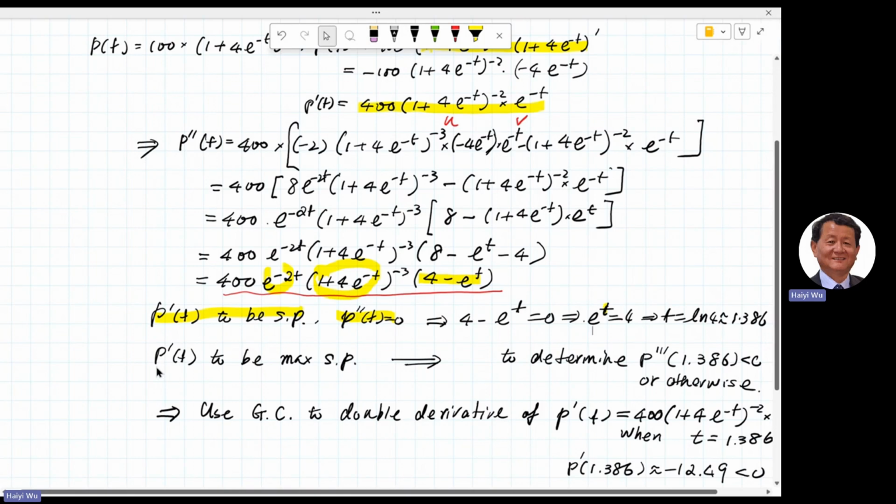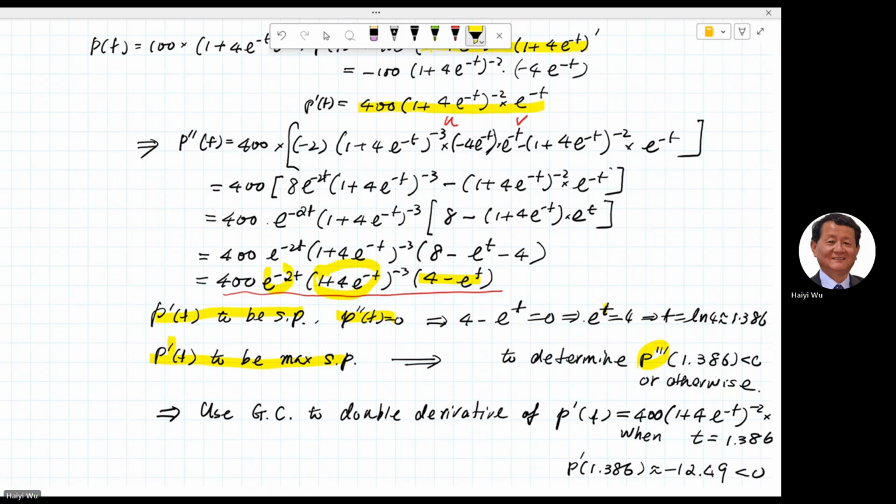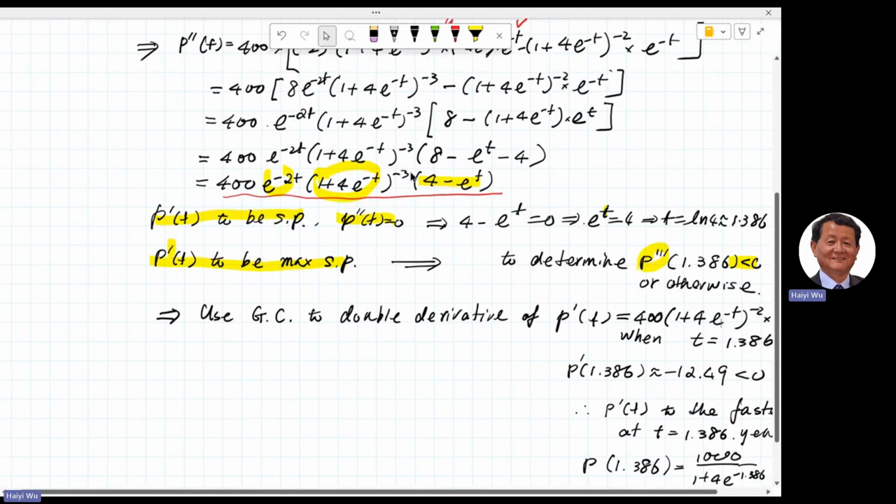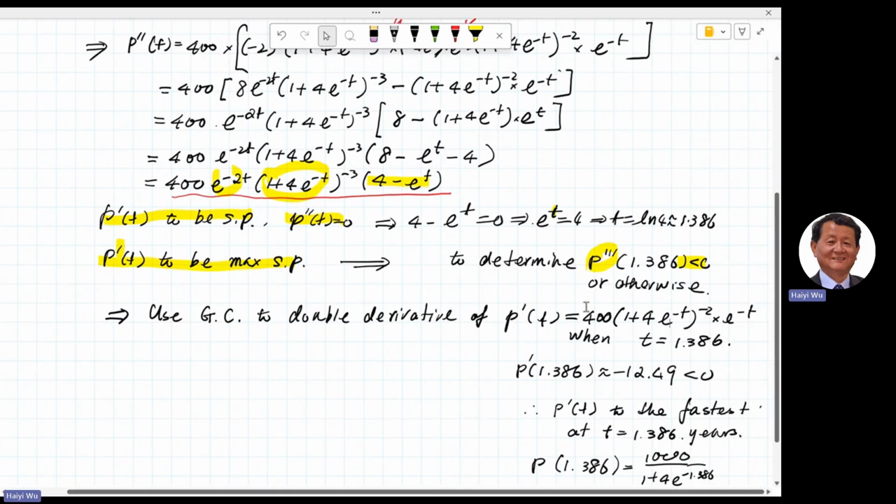To know it's a maximum stationary point, we need to determine the next derivative, the second derivative of the rate of growth, to test if it's less than 0. So how do I do the next derivative? A derivative of a derivative of a derivative.